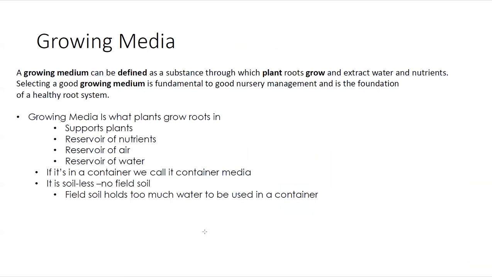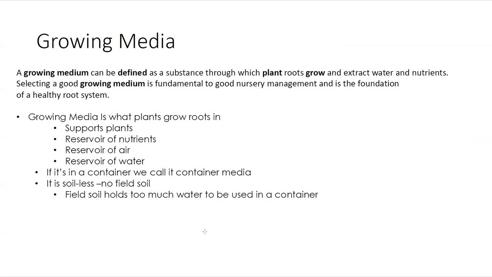A growing medium can be defined as a substance through which plants grow and extract water and nutrients. So for the period of time that we have them in those pots, whether that's permanently or temporarily, we need those plants to grow and root into it and be able to extract water and nutrients.